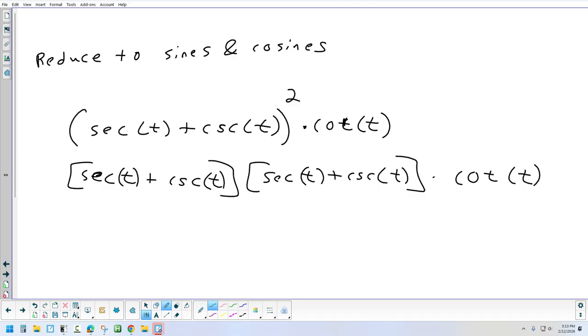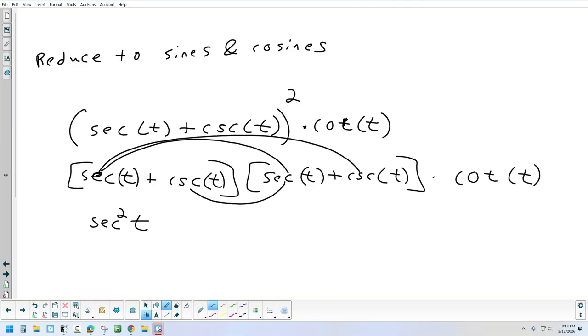Okay, so let's do this out. What's secant times secant give you? Secant squared. I like squared. Sometimes we can throw a Pythagorean identity in there. We might have to look up and see if there's one that would help us. And then we have secant times cosecant, secant times cosecant.